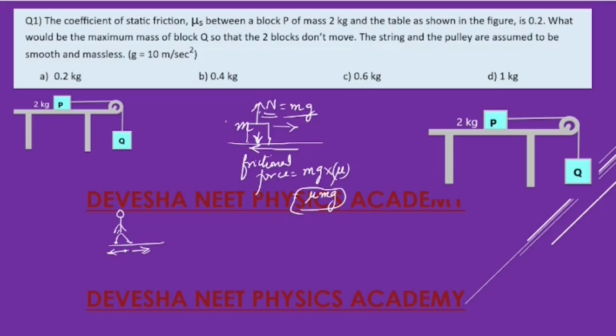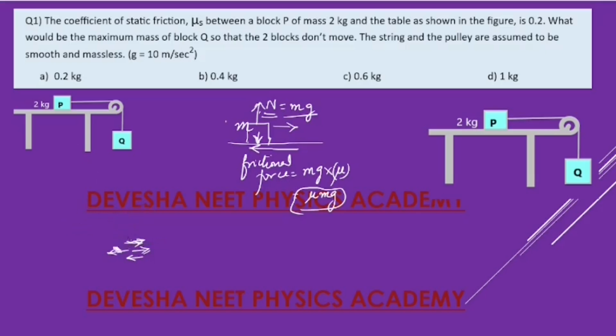Contrary to popular belief, when you're putting your feet on the floor, friction is the one which will actually help you propel in the forward direction. So friction is not acting like this here. Friction is acting like this.